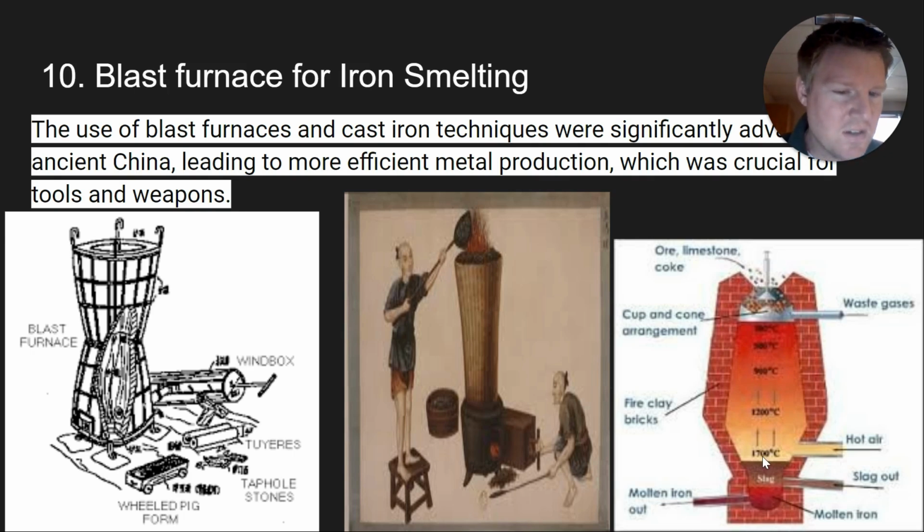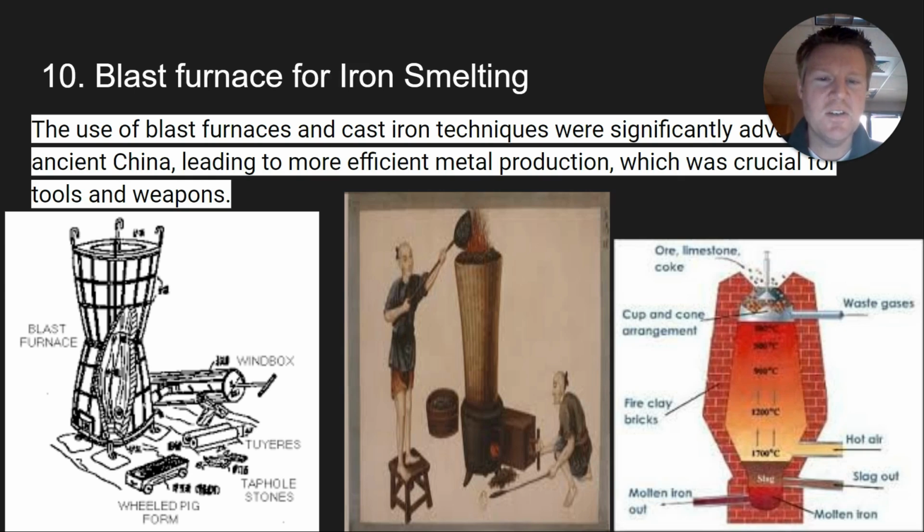You can see in the picture here in the bottom right, the slag would get melted off at high temperatures and come out of this tube, and then the pure molten iron would come out on the other side. And that just makes it way easier to mass produce weapons and farm technology such as hoes and rakes and swords, things like that.